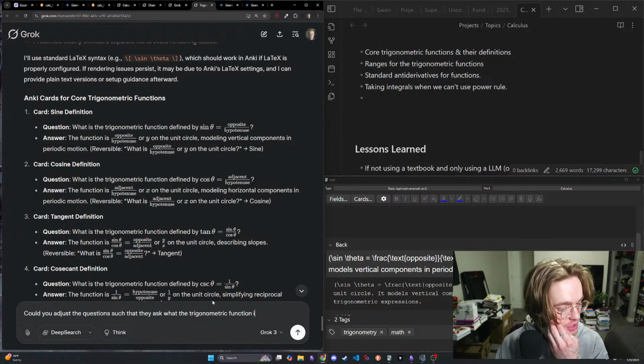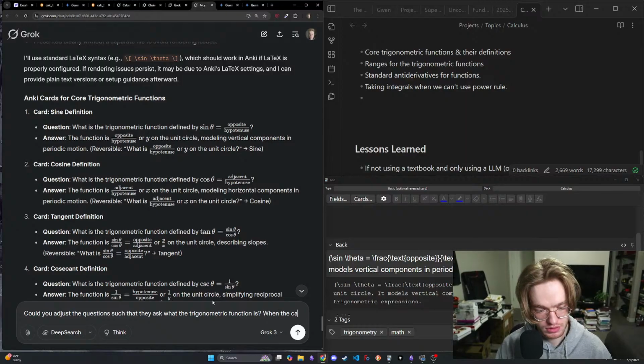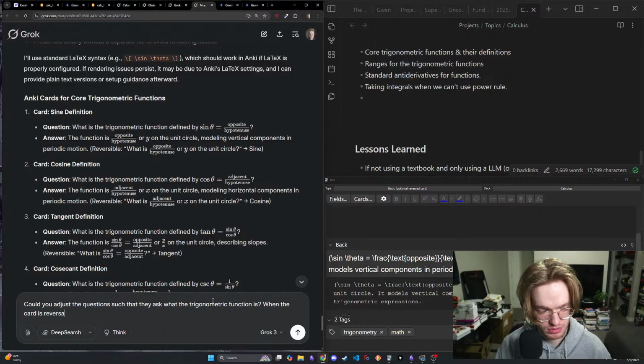Okay, could you adjust the question such that they ask what the trigonometric function is? When the card is reversible, it means you could gain benefit from seeing it either way.